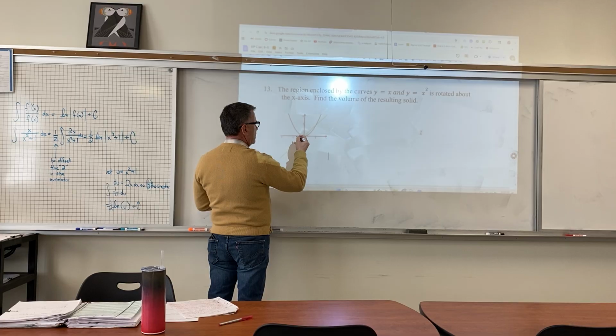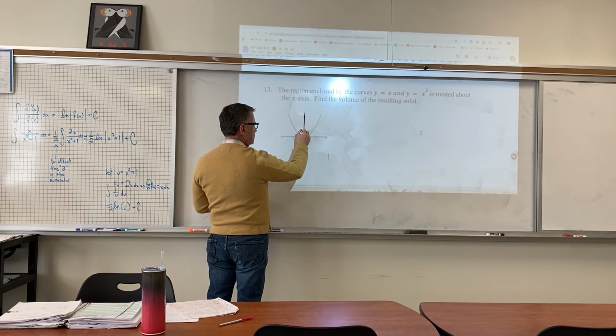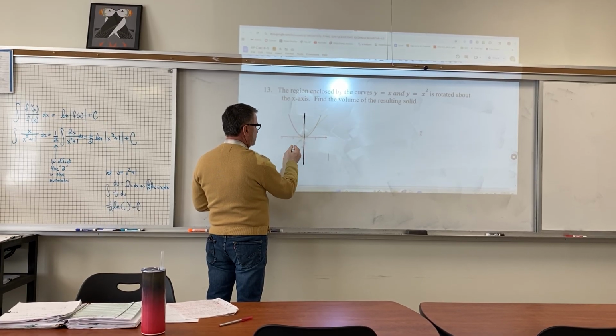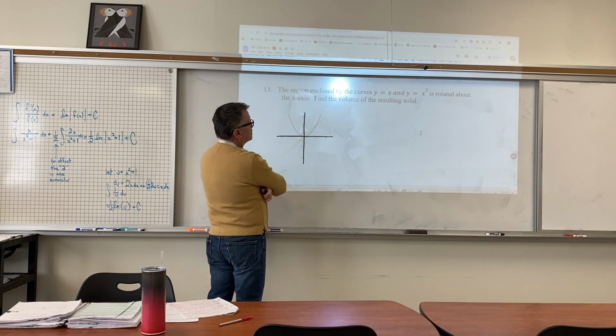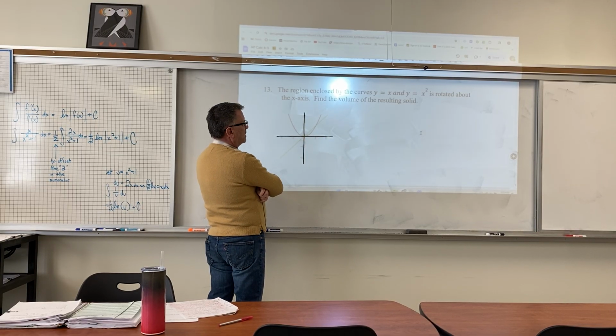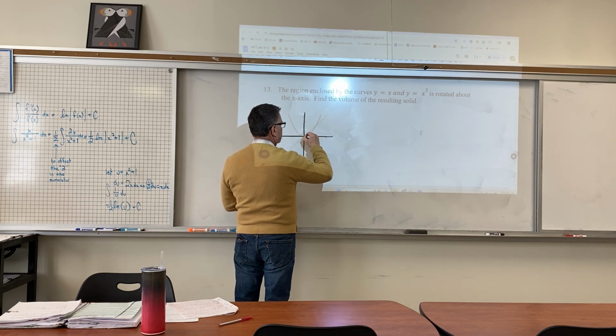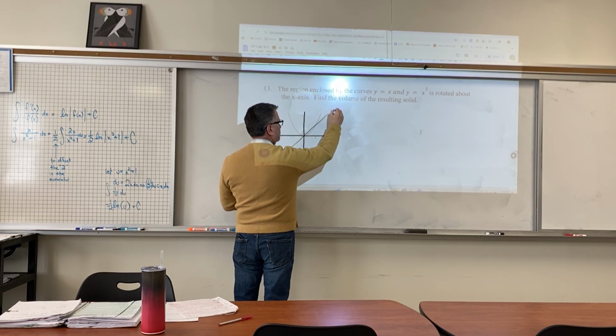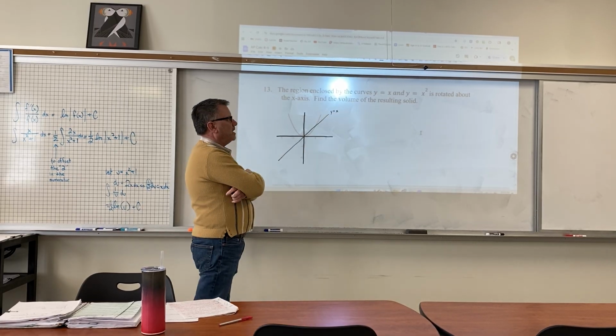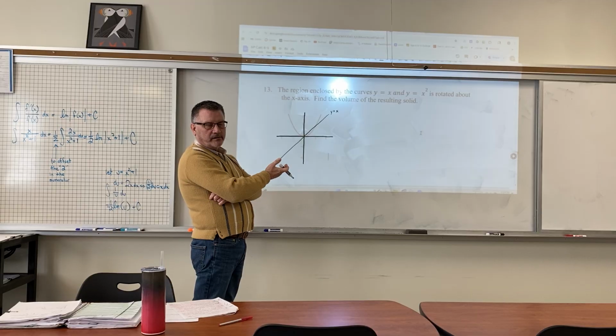Because this is so light, I know it's on your paper. I'm going to try to make it a little bit darker. Down here. The region enclosed by the curves y equals x, well, that's a line, right? A diagonal line. So we got y equals x. And y equals x squared.